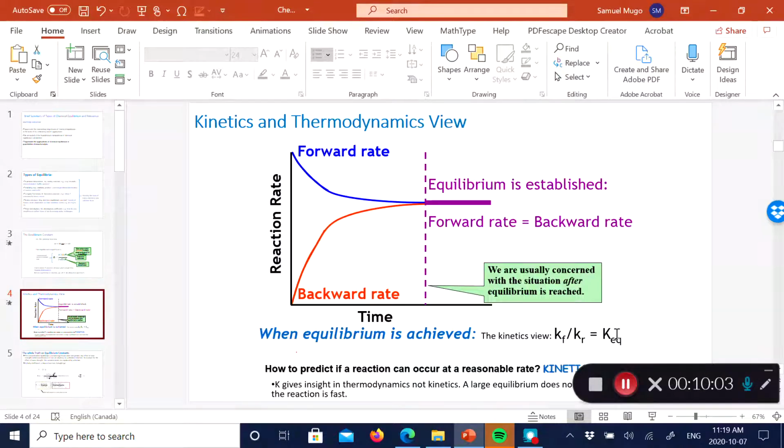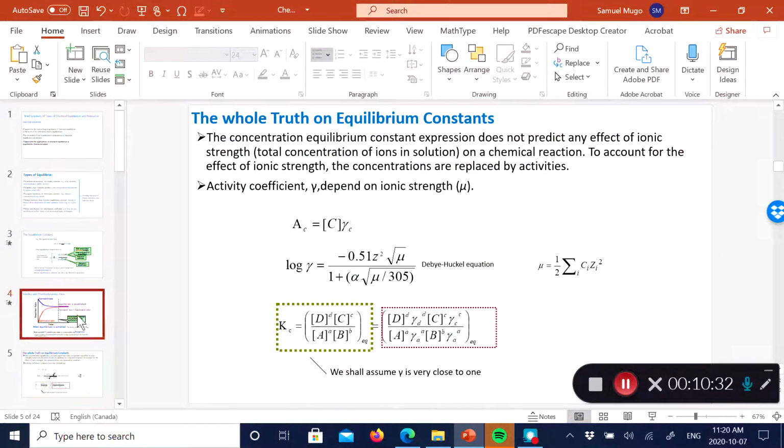The rate constant only tells you how rapid that reaction is going, maybe in the forward direction, but it doesn't necessarily tell you about the thermodynamic behavior of that reaction. So the thermodynamic behavior of the reaction is often characterized by the big K, the equilibrium constant. So I hope that's clear.